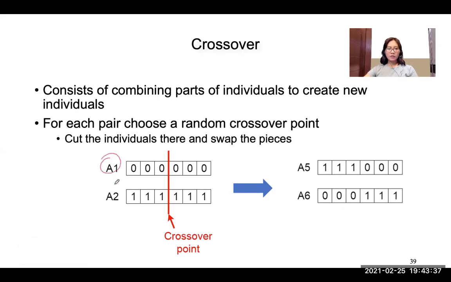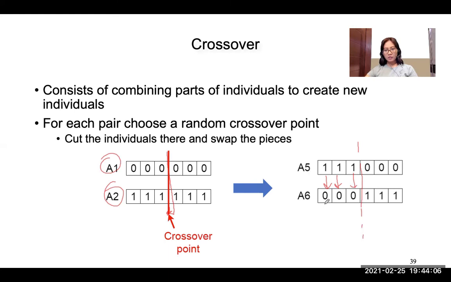Okay, with that selection process, I can have two parents. For example, I have A1 and A2, and then I can apply the crossover operation. Crossover means that I pick a point here. For example, this is my crossover point, and then I generate my new offspring. I swap this and send the values down, and this one I keep the same.